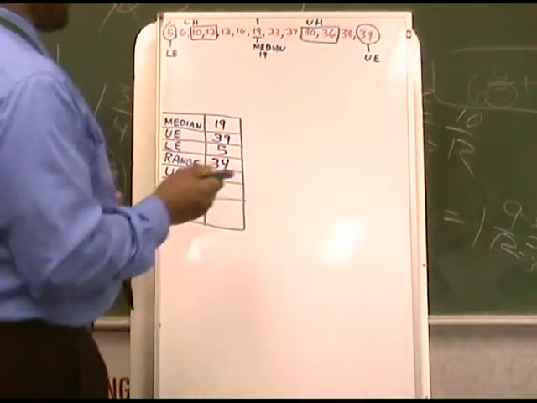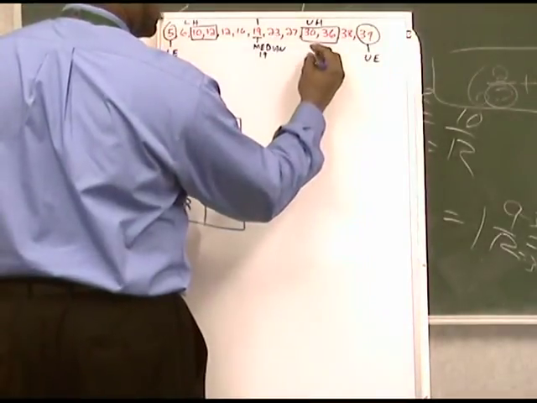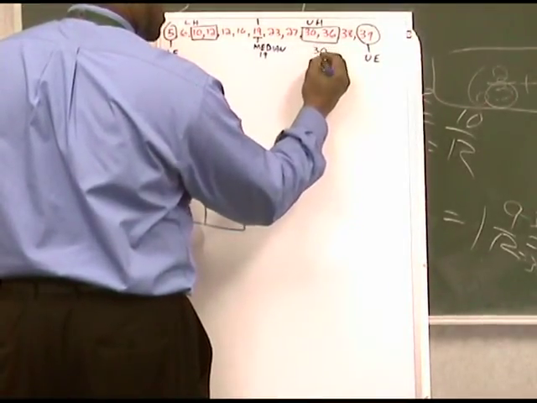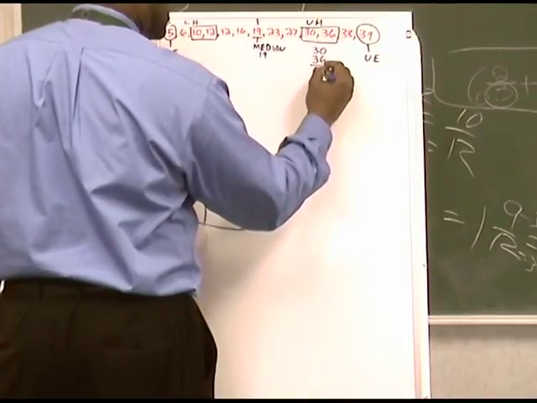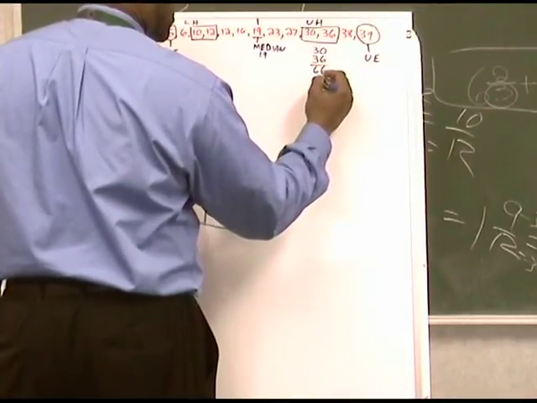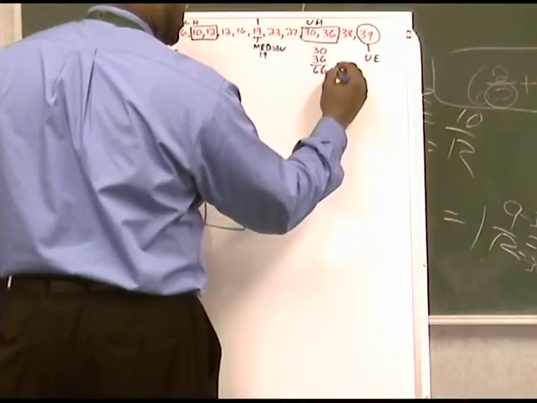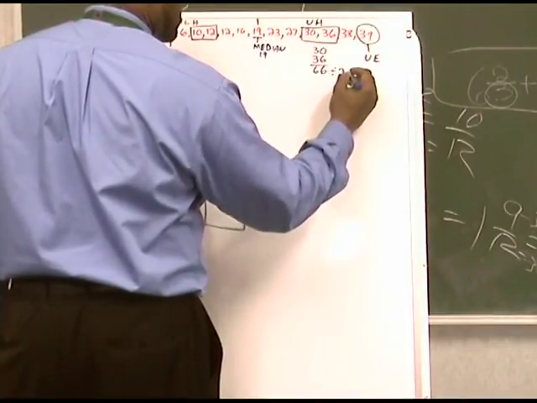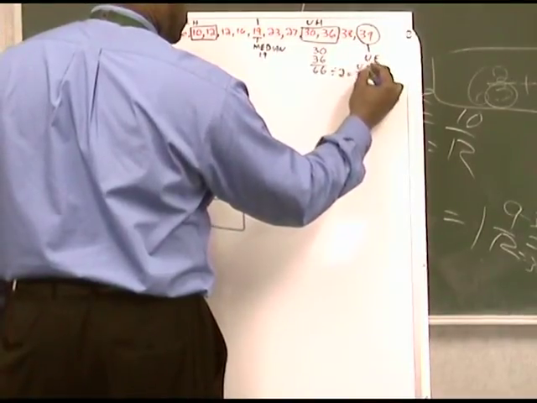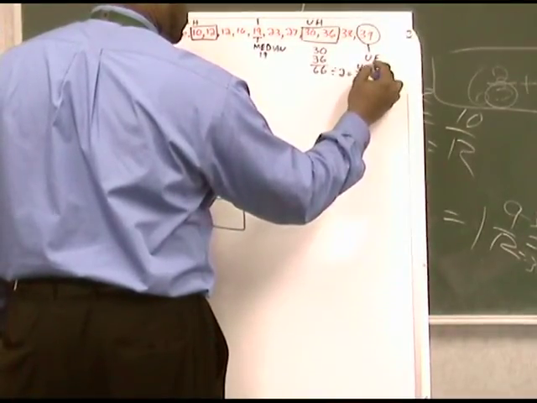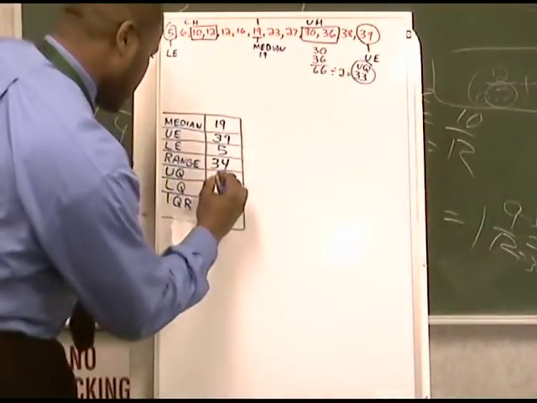So the average of the upper half is 30 plus 36, which is 66, and that's divided by 2. 66 divided by 2 is 33. So the upper quartile is 33.